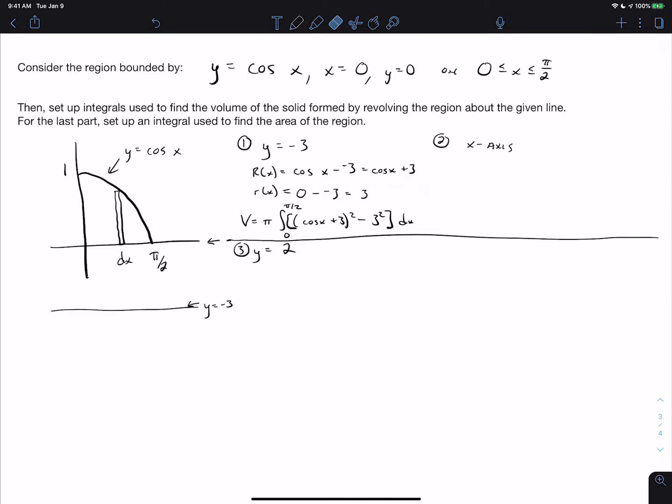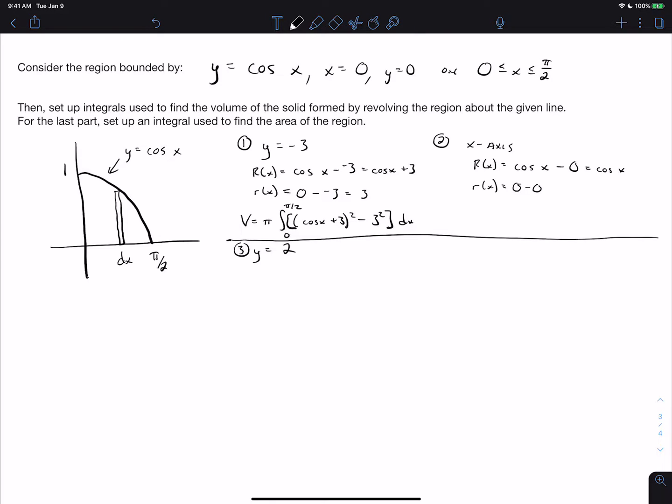Okay, for the x-axis, that's also a line under the region. It's just already drawn on the diagram. Capital R is the distance from the farther end of the rectangle to the x-axis. That's the top y, which is cosine x, minus the bottom y, which is 0. Small r is the distance from the closer end of the rectangle to the x-axis, but the closer end of the rectangle is on the x-axis.